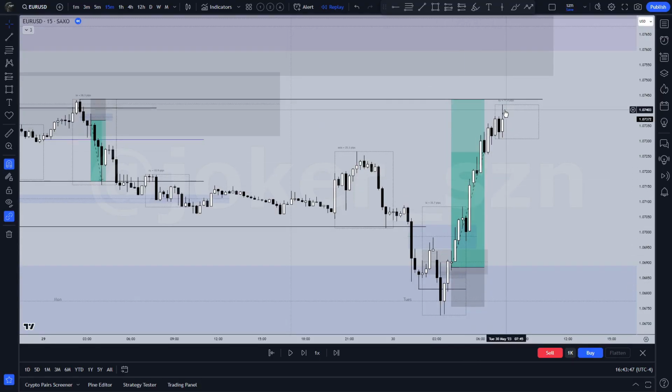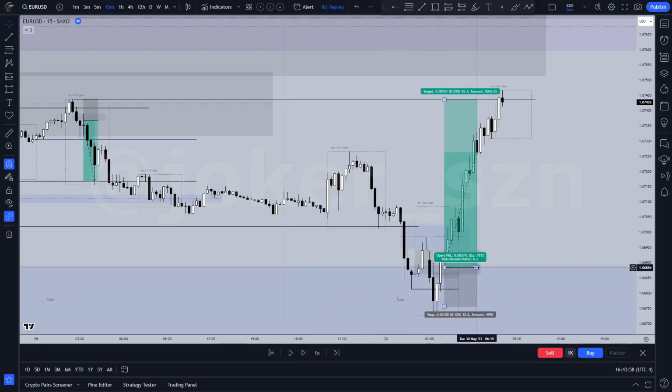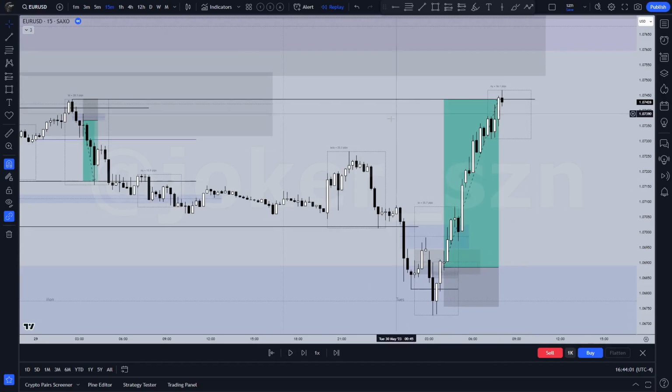So we probably will trade above this high and then see some consolidation before the news is released, right? And there we go. We hit now our final TP, where we would close the remaining position.